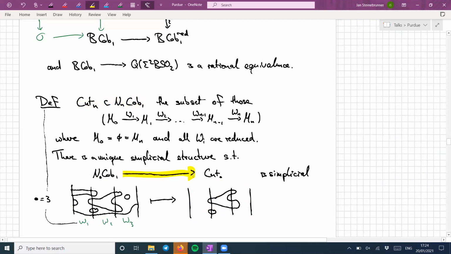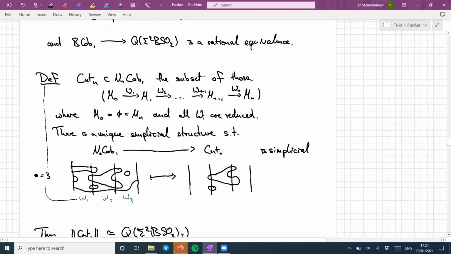So there's this quotient map that just looks at some simplex and throws away everything that violates the condition that I wrote down. So we only remember this guy and this guy. All the other bits are disregarded. And the simplicial structure on here is just defined so that this is a simplicial map. So for example, if I apply D2, that would mean I delete this line, then that's fine, that doesn't do anything. If I apply D3, then that means I delete this line.